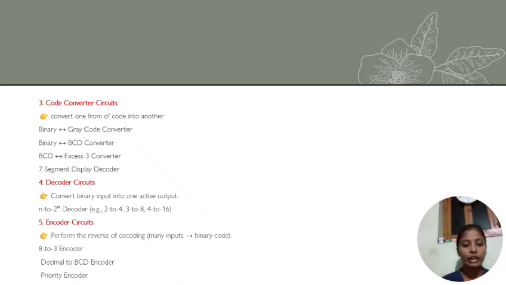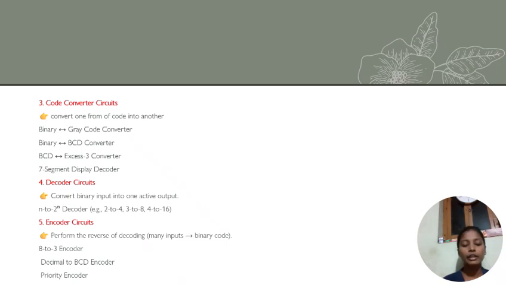Fourth one, decoder circuits. Decoder circuits convert a binary input into one active output, that is n to 2 to the power n. Decoder examples are 2 to 4, 3 to 8, and 4 to 16.